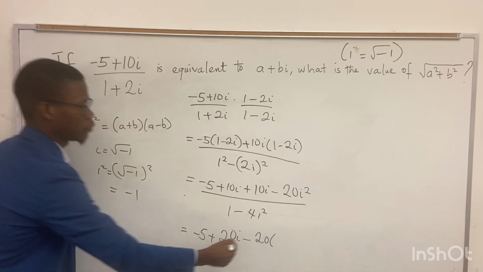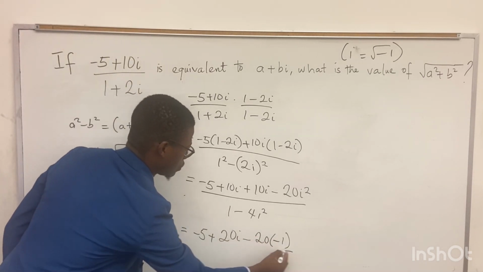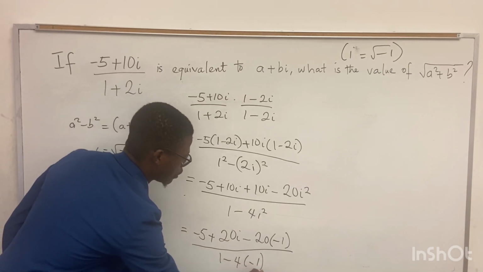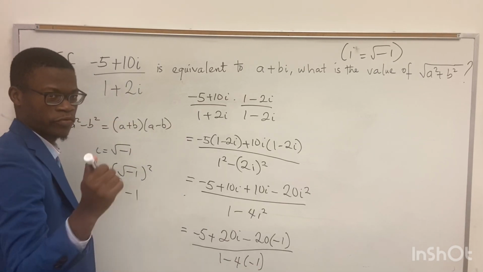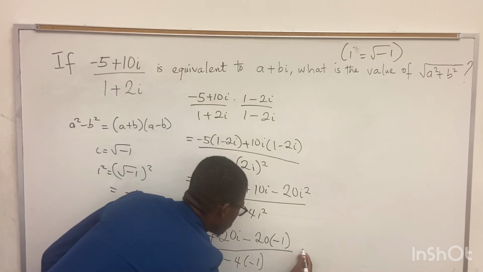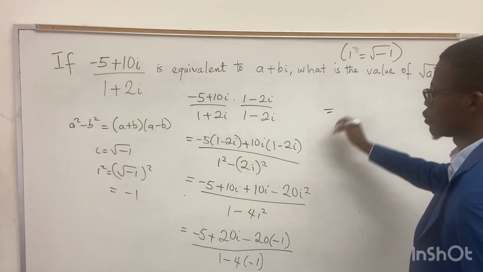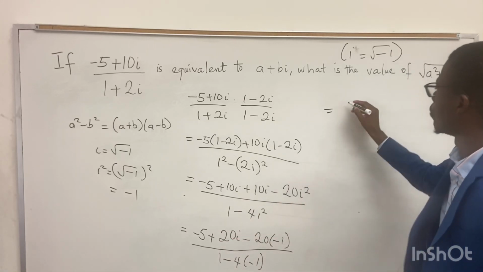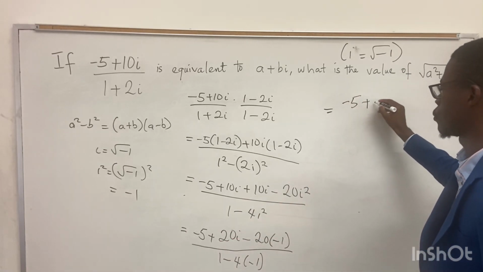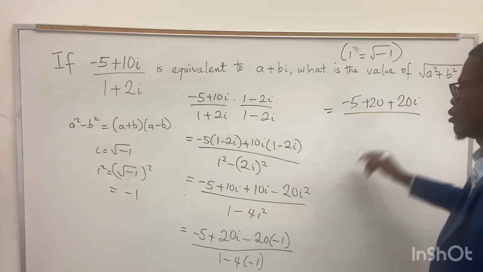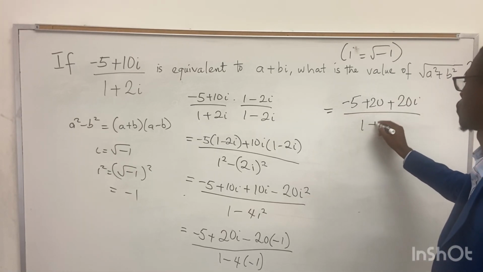So -20 times -1, divided by 1 minus 4 times -1. Okay, so far so good, right? So then this becomes -5 plus 20, divided by 1 plus 4.